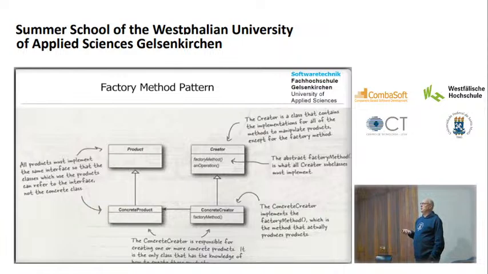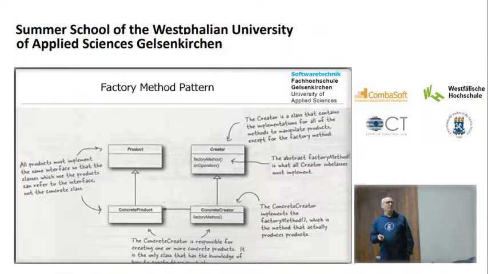You have a product, an abstract product, and a concrete product. You have an abstract creator and a concrete creator. And if you look here, this is the most interesting side. The factory method is abstract, other operations not. And you have to implement the factory method in the concrete creator classes.